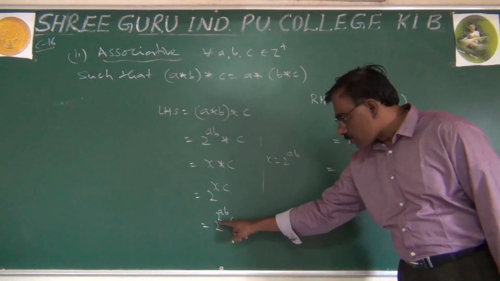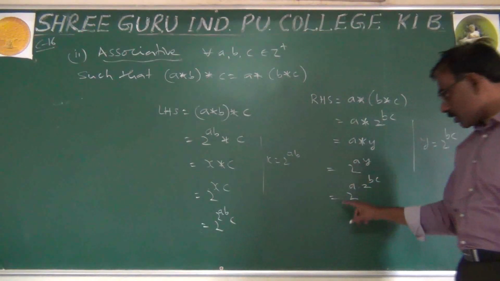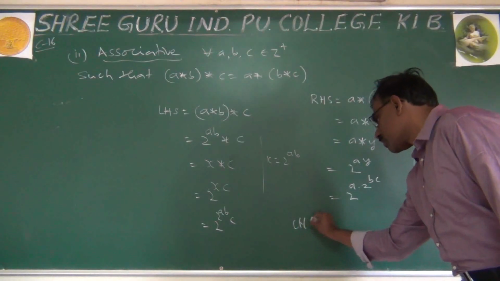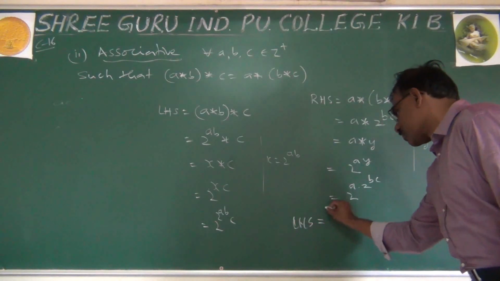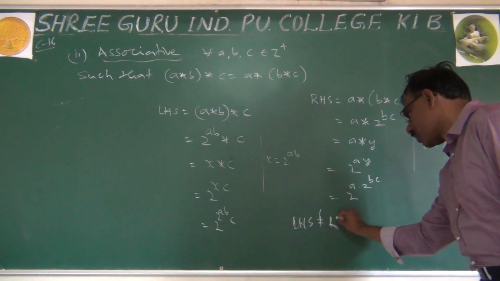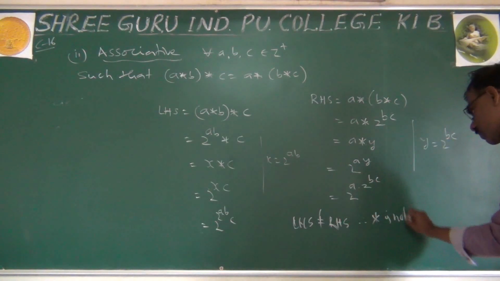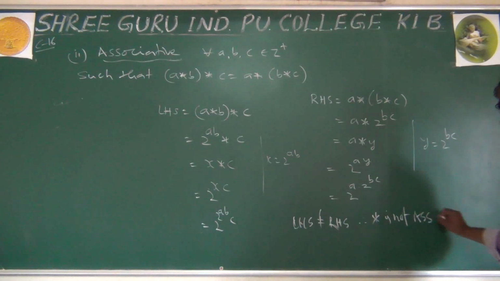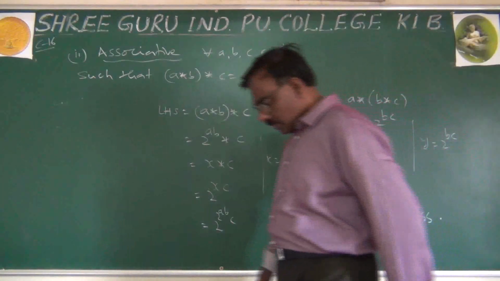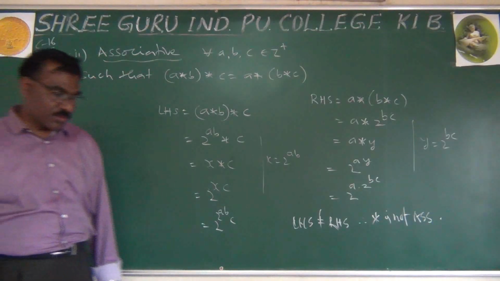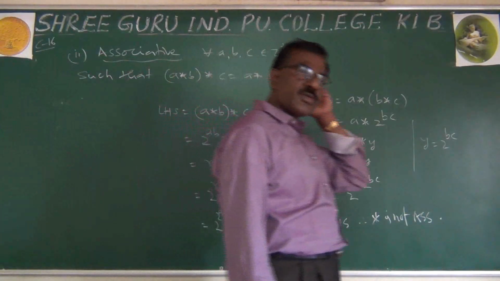Here it is 2 to the power 2 raised to AB into C, and here 2 to the power A into 2 to the power BC, which is not equal. So LHS is not equal to RHS. Therefore, star is not associative.